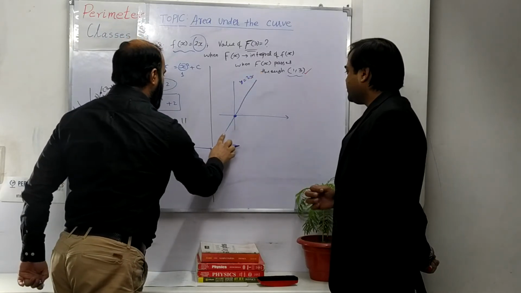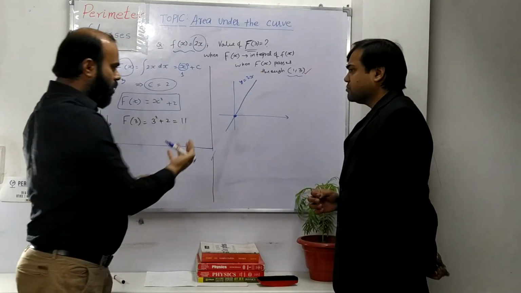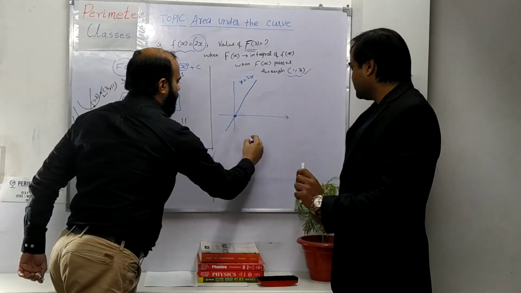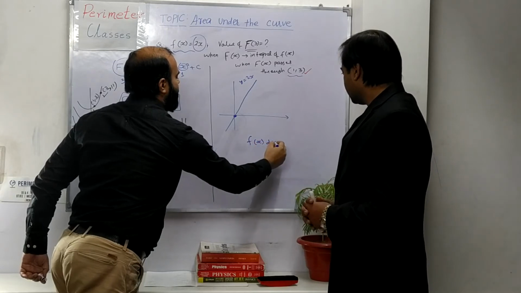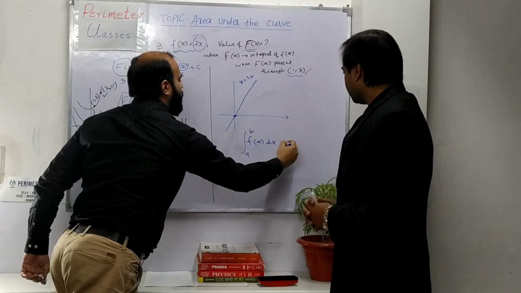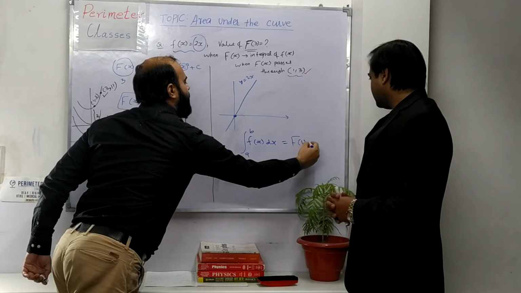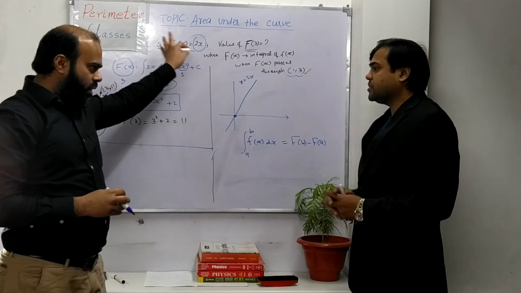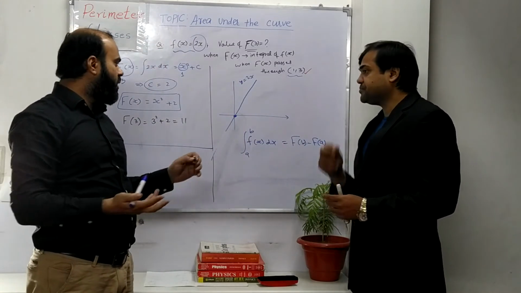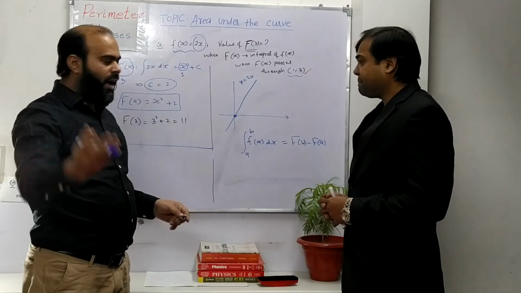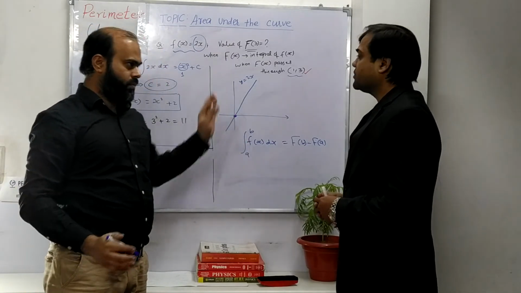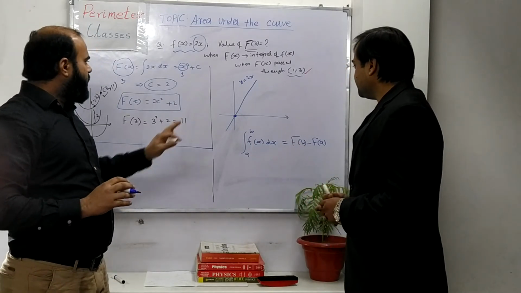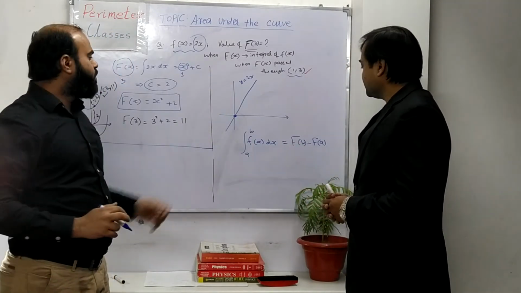Now the fundamental theorem of calculus: if you remember, the integral of f(x) dx from a to b is F(b) minus F(a). Here this capital F is the integral of this function, and one small thing I want to remind you is that this function is continuous in the closed interval [a, b], and it is obviously continuous here.